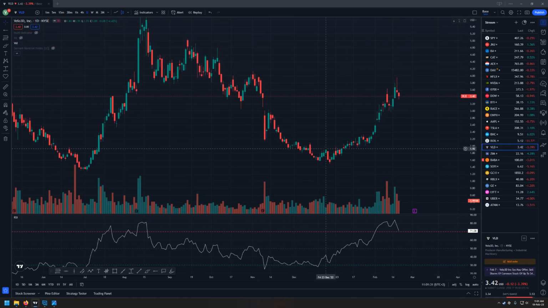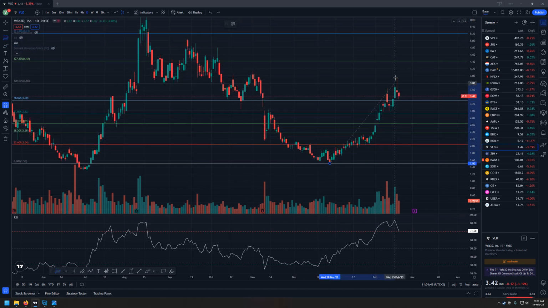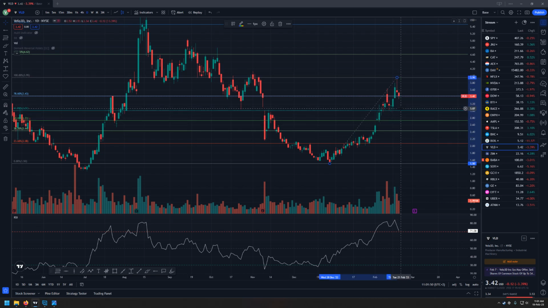VLD. So for VLD, this is a cup and handle most likely. The handle is coming now. The handle is either a 0.68 correction or a 0.5 correction. The most common one is 0.5. So we either go to 3, but most likely to 237.